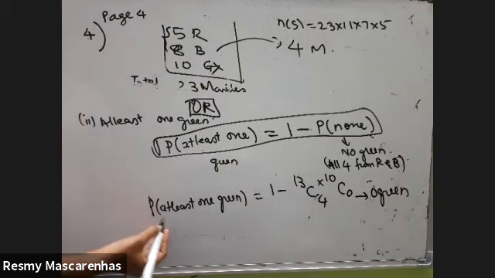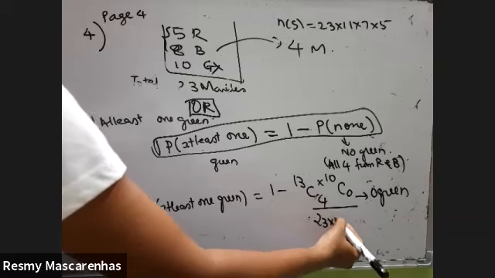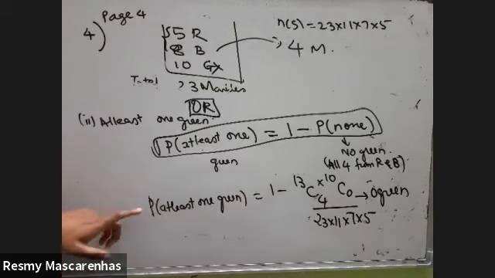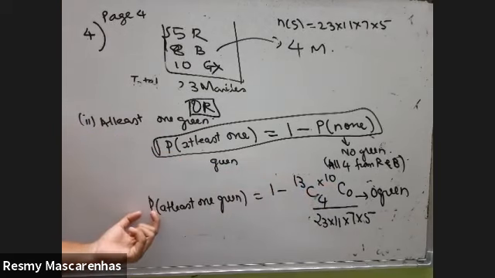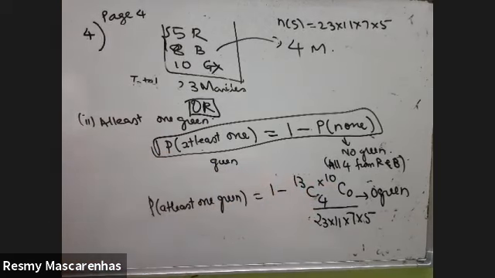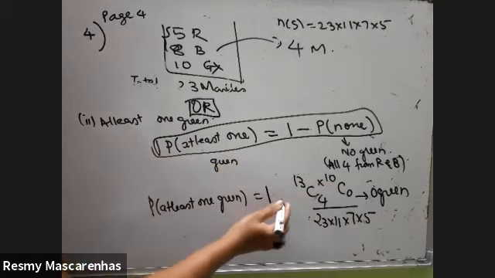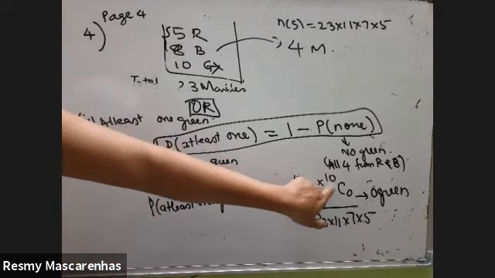Now since I've written probability, I'll directly divide by the sample space. If you had written n, then you have to do only this calculation. But since you are writing probability, you directly divide by the sample space. The 1 is outside, separate: 1 minus only this calculation. This value is anyway 1, 10 C 0 is 1.